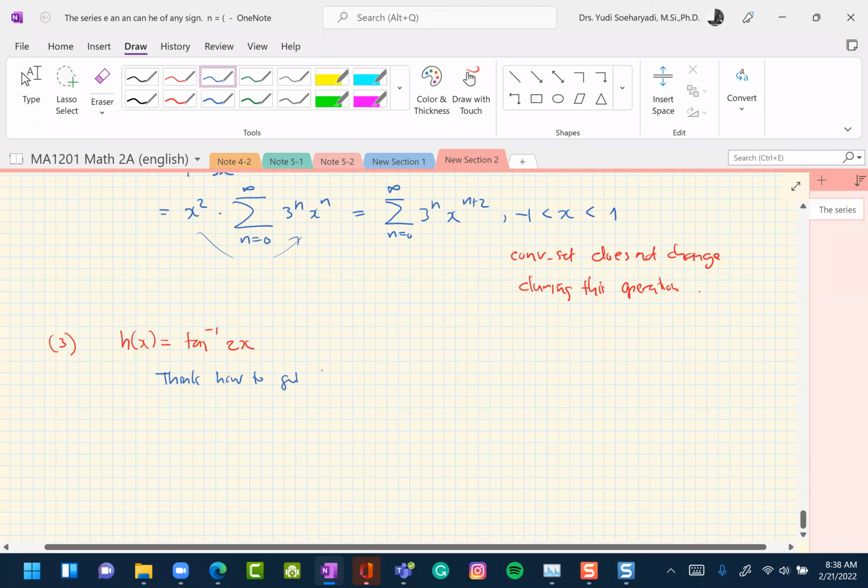To get tan inverse from this, the limit of a geometric series, you can use substitutions, arithmetics, and calculus operations.